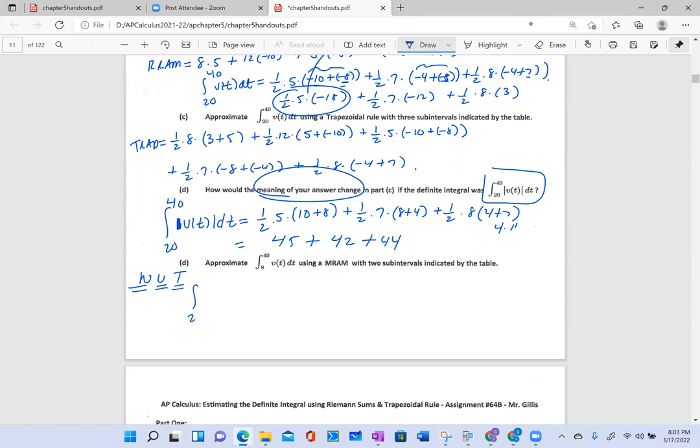So if I copy the integrand over again, this is the absolute value of velocity. The units are still meters per second, and the change in time is still in seconds, so I still end up with meters. So the units belonging to my answer are meters. And I know the interval of time, it's from 20 to 40.